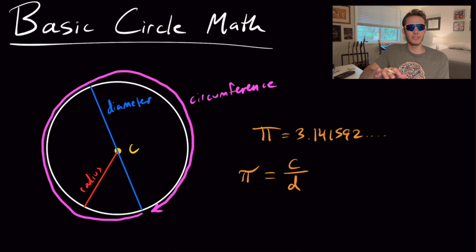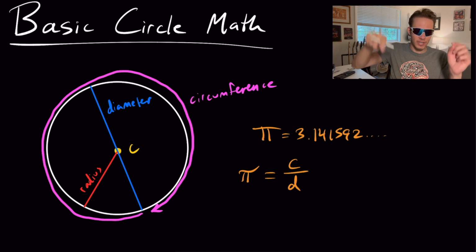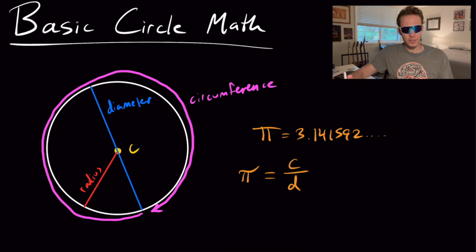So I challenge you, take a ruler or a tape measure and go measure the diameter of a circle, take a string, measure the circumference of it, divide those two numbers, you're always going to get right around 3.14-ish, right? It's not going to be exact, but it will be right around that number always.